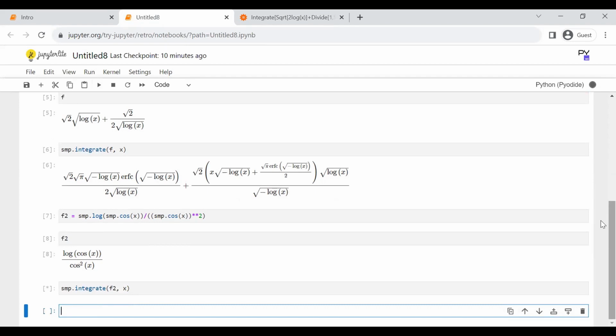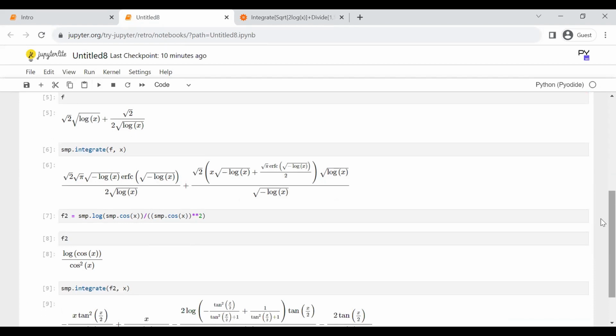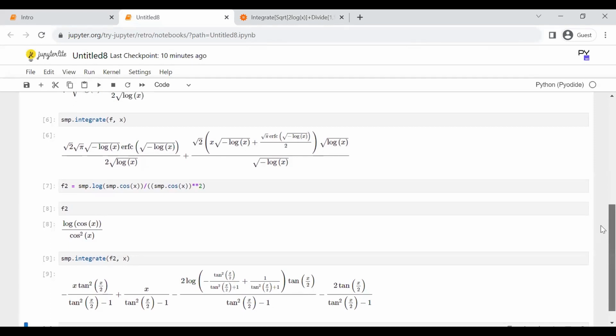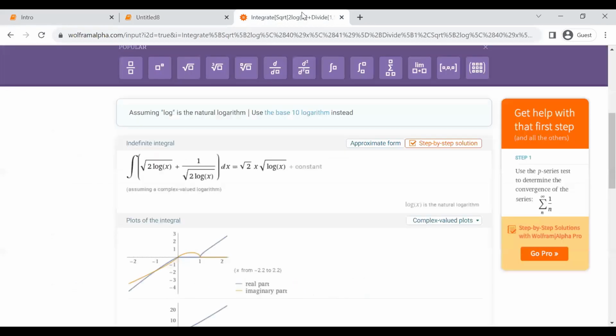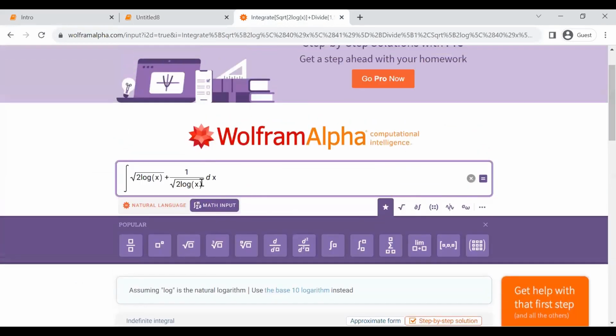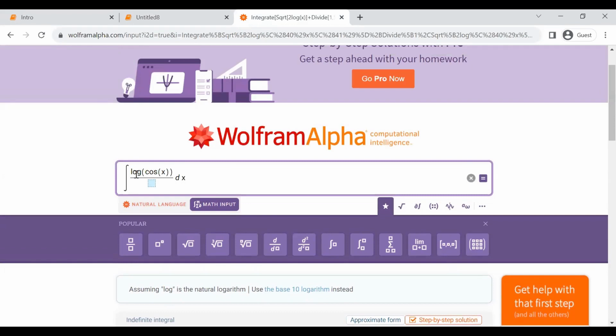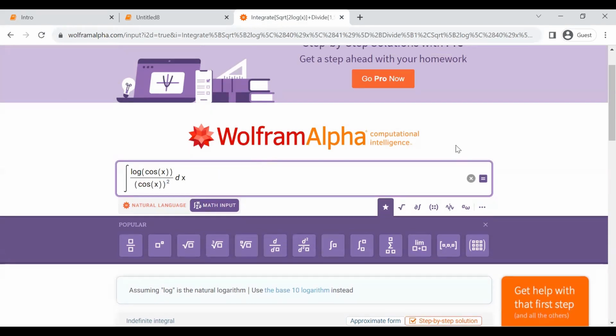Well, it's taking some time, but look at that. It's given us a very complicated answer, whereas I believe Wolfram Alpha would give us a more simplified answer. Let's try. So we said we wanted log of cosine of x divided by cosine of x squared, right?